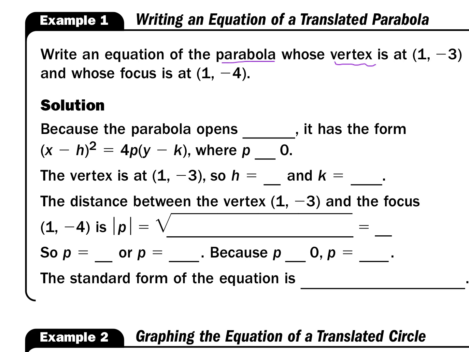So in this particular case, we have a vertex at 1 comma negative 3, so I'm going to do a quick, very small sketch here. We have our standard coordinate plane, x and y axis. We have a vertex at 1 comma negative 3. Okay, so we have a vertex somewhere in there.